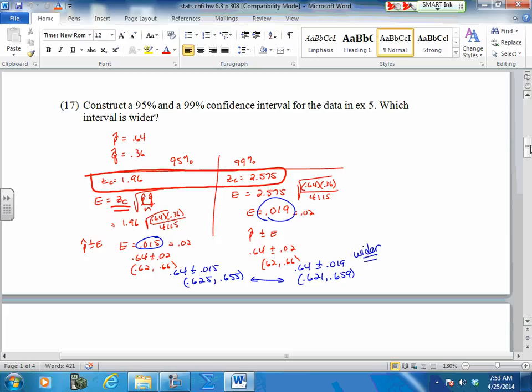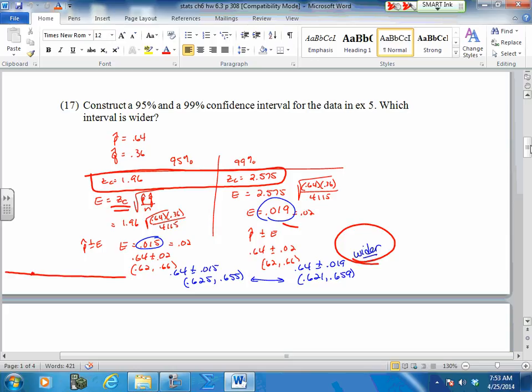And it's really apparent when you compare these because everything else is the same. You have the same p-hat, you have the same formulas, it's just this guy right here that's changing. So it's forcing this margin of error to be a little bit larger. So when I do this, my confidence interval is a little wider. If you make a number line, it's easier to see.